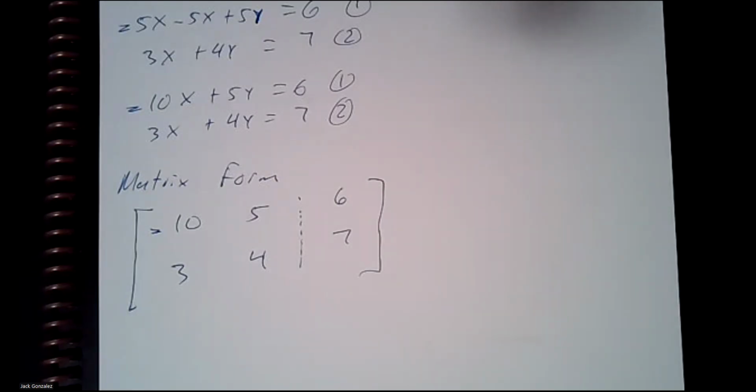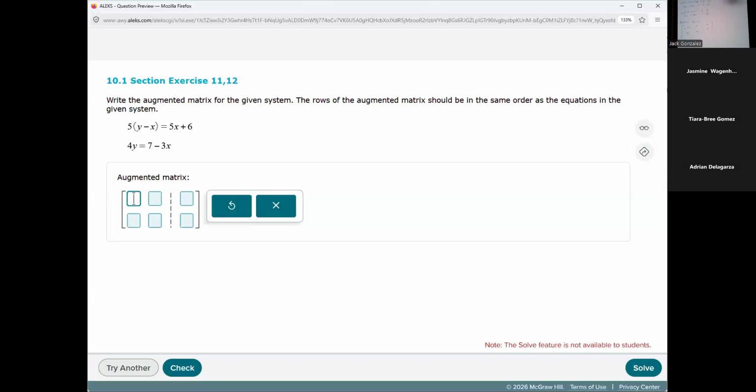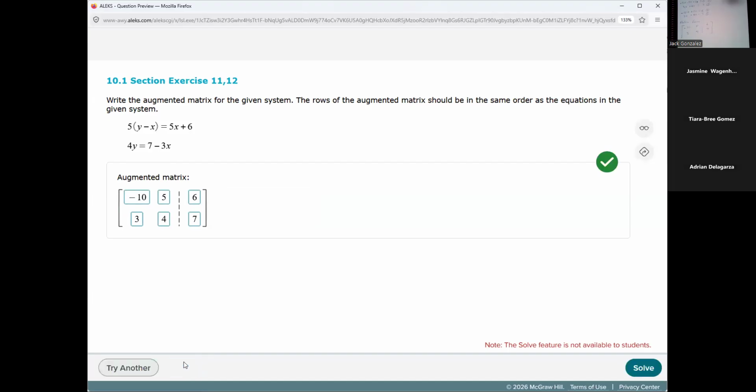So on the homework, what they want you to do is fill in those boxes, so basically put it into matrix form. So we have -10, 5, 6, 3, 4, 7. Any questions on this number 2, I think it is?